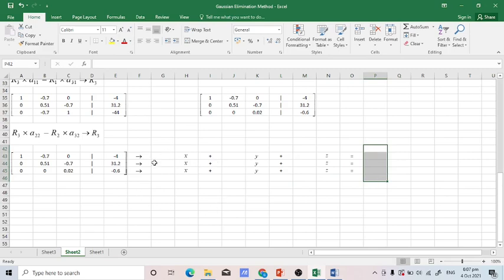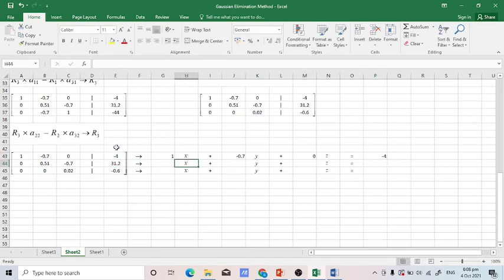Okay. So, meron tayo ditong, sabihin nito 1x. So, sabihin 1x. Okay. 1x. Negative 0.7y. 0. 0z. Then, negative 4. Okay.